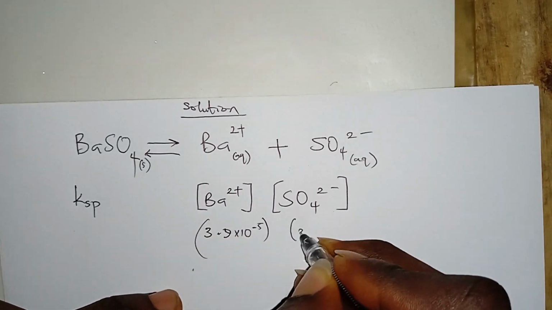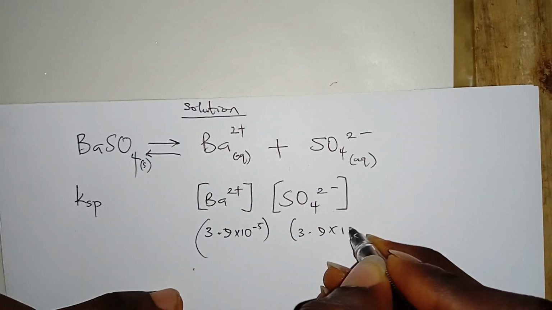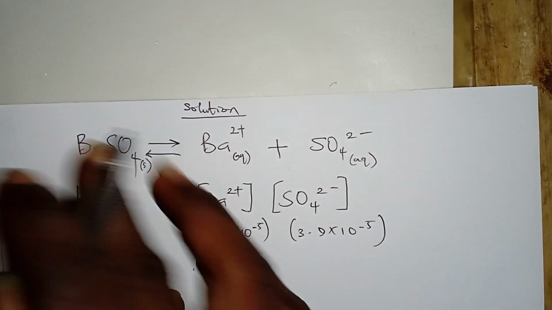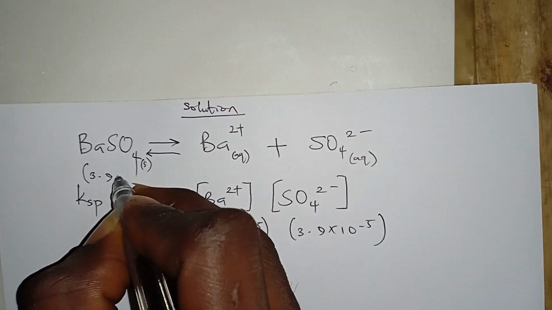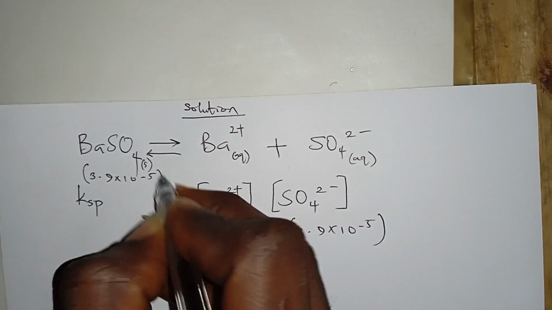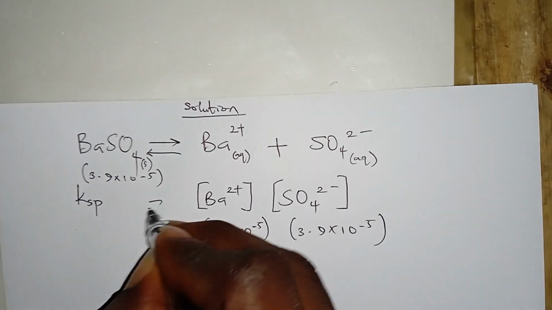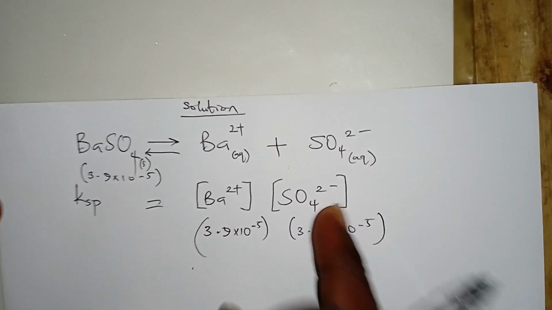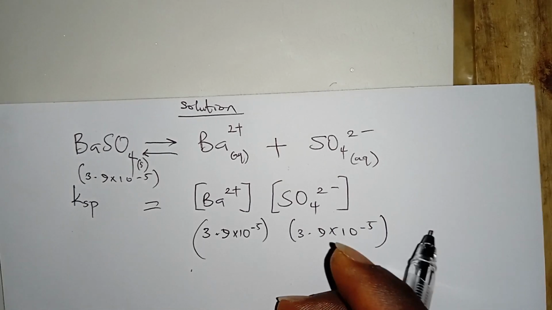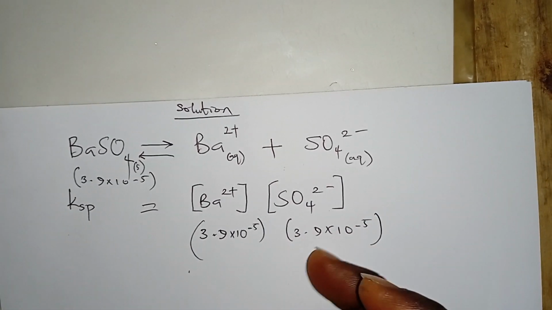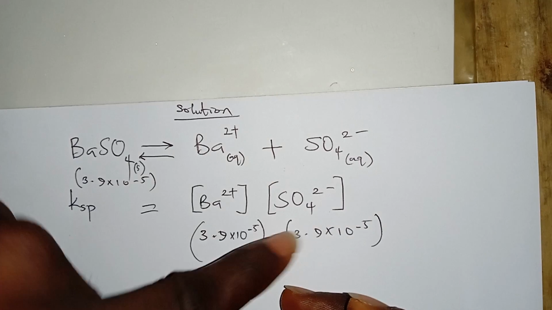So each one of these, the barium and the sulfate, contains this amount per mole, that is this mole per liter. And you see that they are in a 1-to-1 ratio.